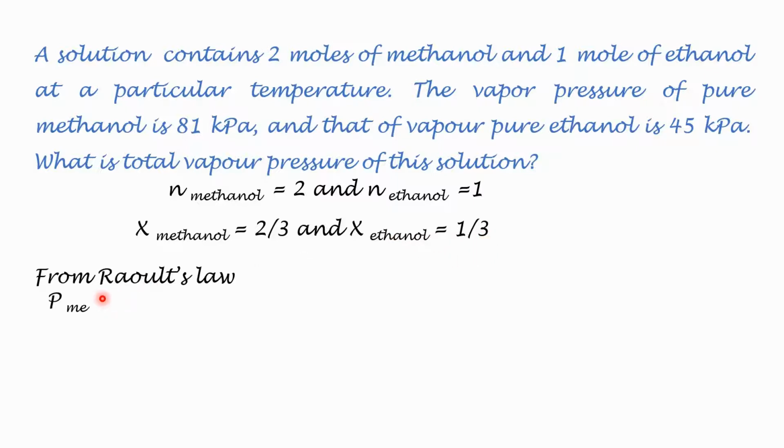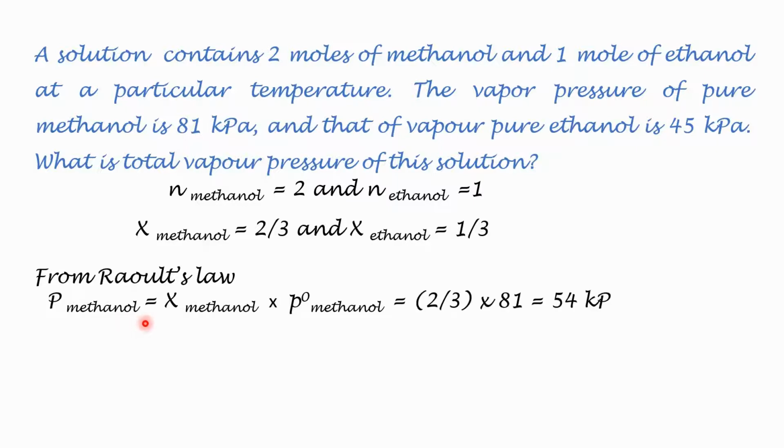And from Raoult's law, we have partial pressure of methanol in the solution equal to mole fraction of methanol into vapor pressure of pure methanol. That is equal to 2 by 3 into 81, which gives you 54 kilopascals.